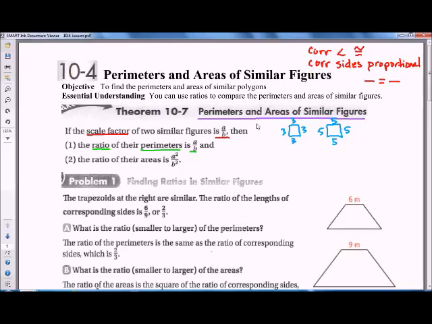So let's find our scale factor. We know that the scale of our two squares, small to large, is 3 to 5. So if this is A to B, let's look at our perimeters. Perimeter is the sum of all of the sides, the distance around the outside. So this one is going to be 12.